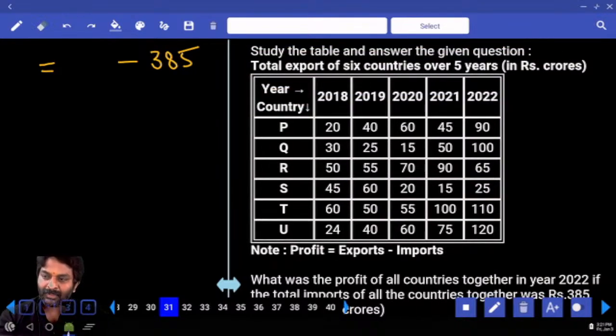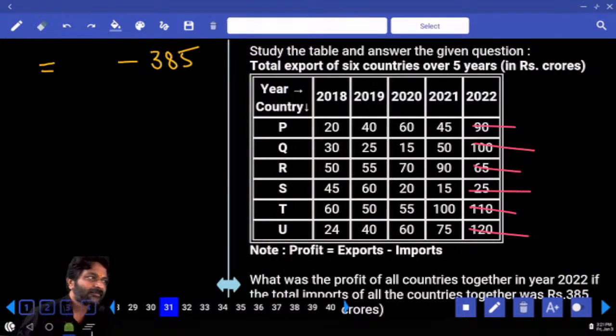Yes? 90, 110. 200, 100. 300 plus 120, 420. 420 plus 90, 510. You need to subtract 385. Subtract 400, add 15 later. 510 minus 400 is 110, add 15. 125.